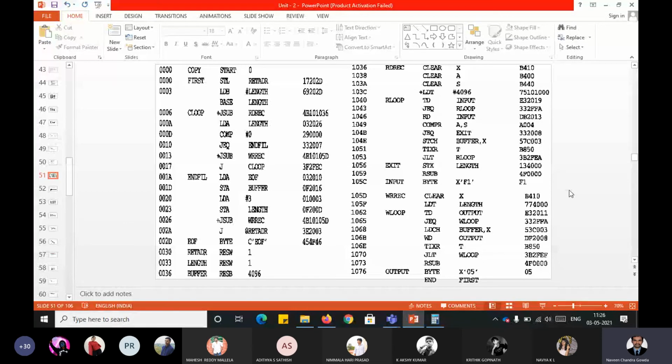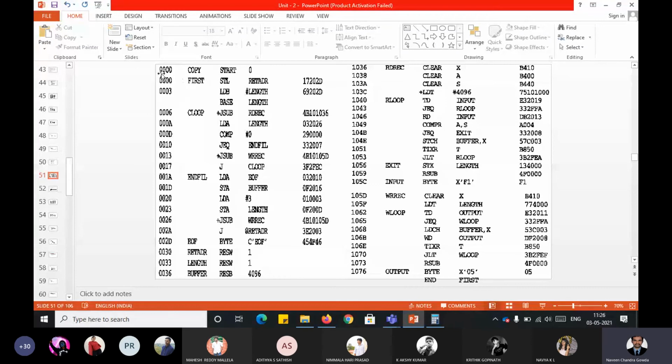Right? So if you understood the object code generation, then we'll take you to the object program writing. In the object program, I hope you remember what are all the different fields we have. The first field is the header record. In the header record you'll have H followed by the name of the program, here it is COPY, followed by the starting address, which is zeros, and the length.